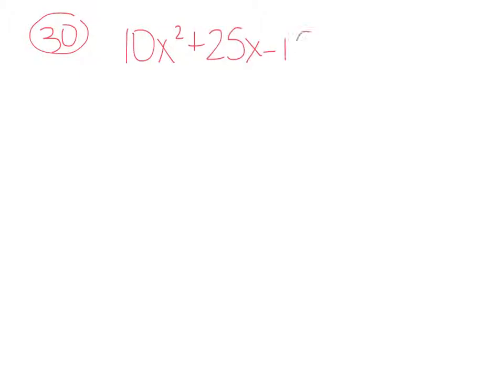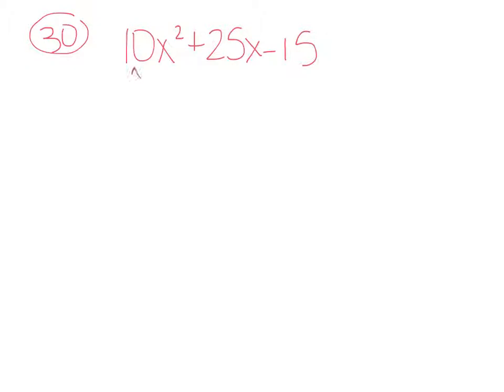Okay, one more of these. Actually, I'm going to correct myself. Instead, we're going to take a look at something as in problem number 30. So we're going to factor out 10x squared plus 25x minus 15.